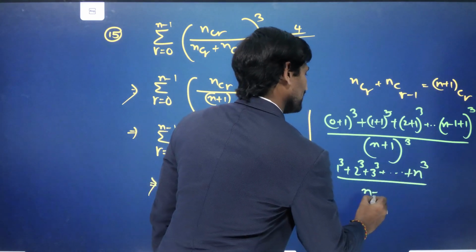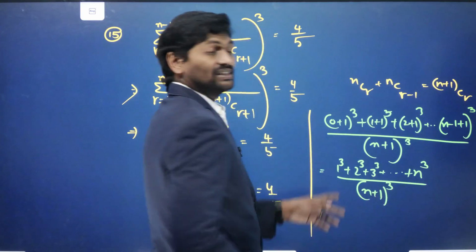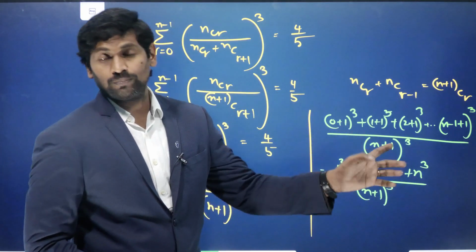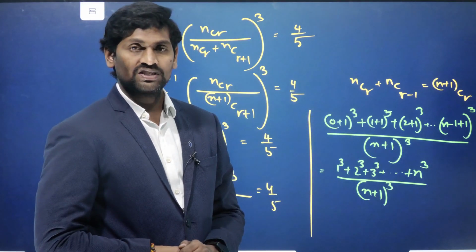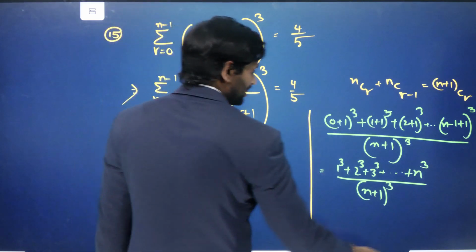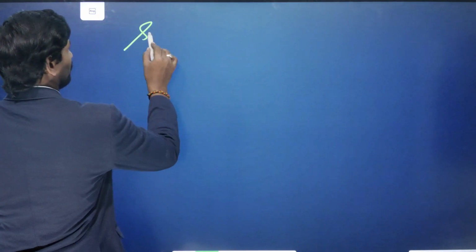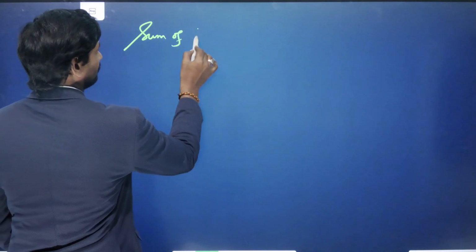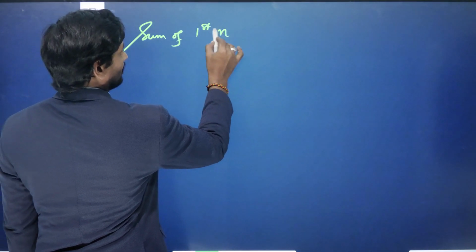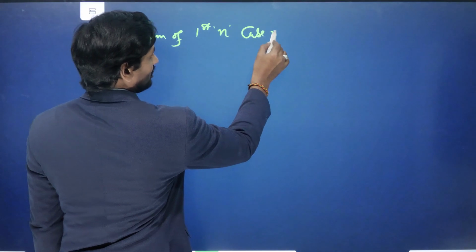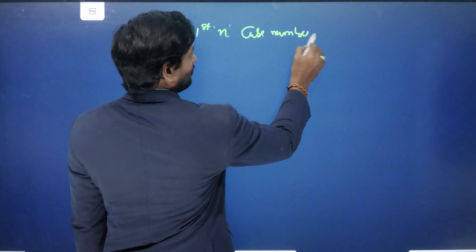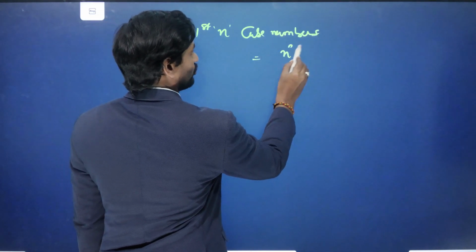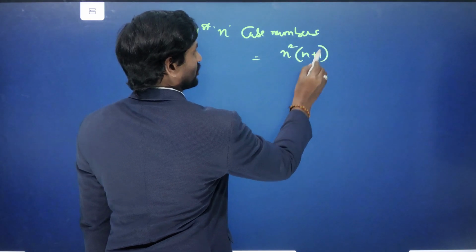While you are observing, this is nothing but the sum of the first n cube numbers. The sum of first n cube numbers formula is n square into (n plus 1) whole square by 4.